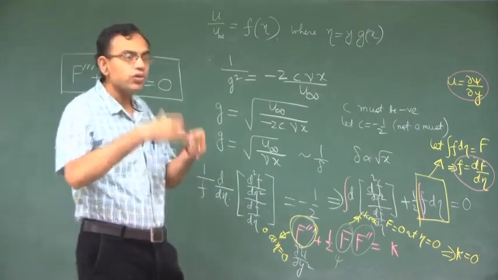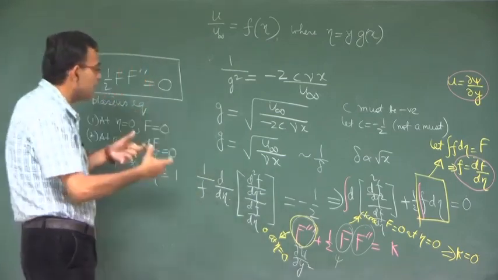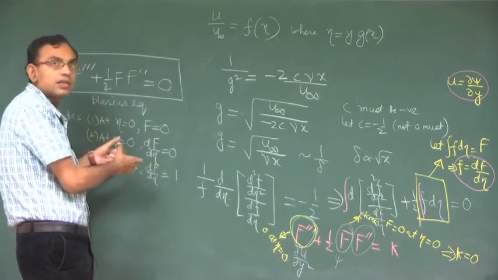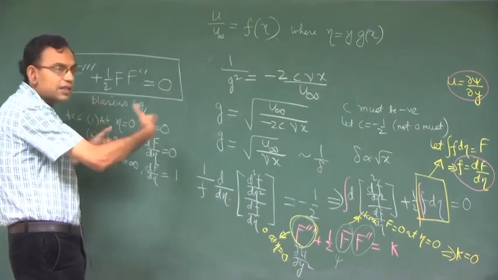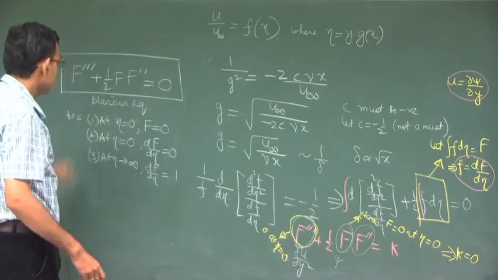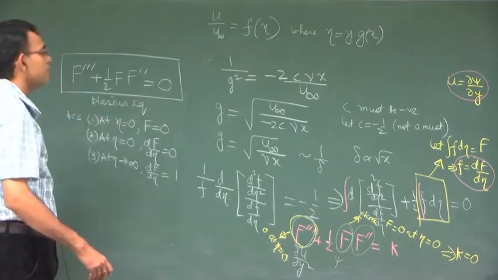We have a separate tutorial for you where it will be illustrated how to numerically solve this equation. So, I am not getting into that in this main lecture. So, this will give you a solution for f.